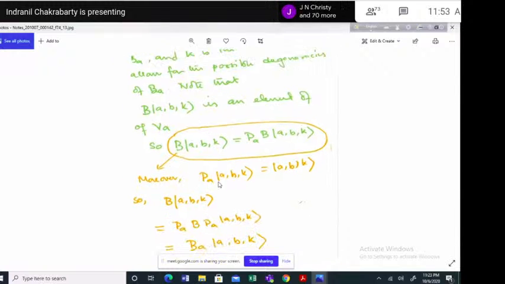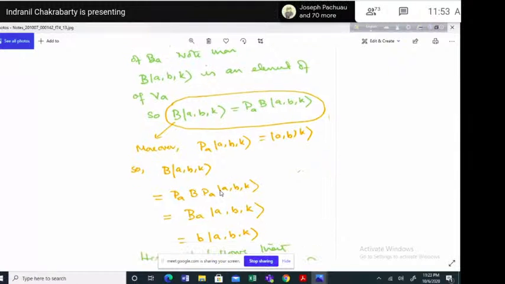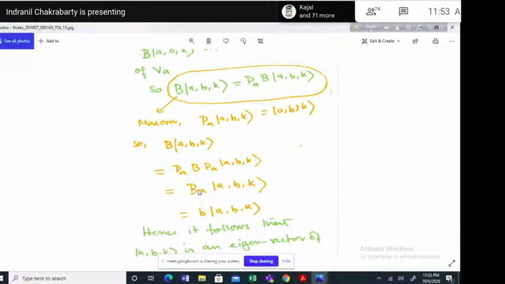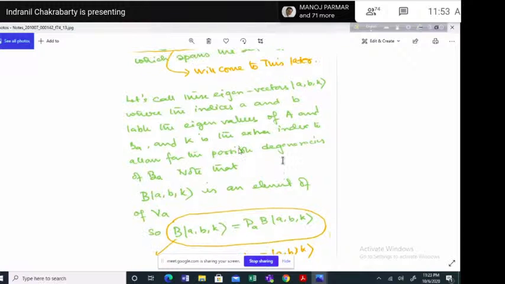So PA B|a,b,k> can always be written, since it is a projector, as B|a,b,k>. And in place of |a,b,k> we can always put PA|a,b,k>. So in place of B|a,b,k> we can put PA B PA|a,b,k>. When BA acts upon |a,b,k>, it gives you the eigenvalue b, because I have already told you that b is the label of the eigenvalue of BA.